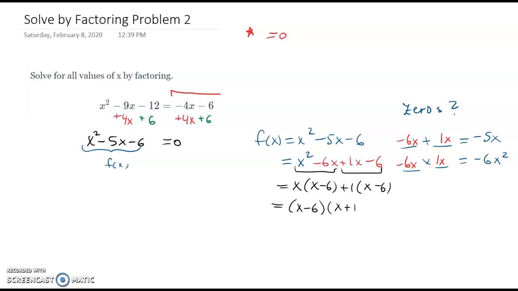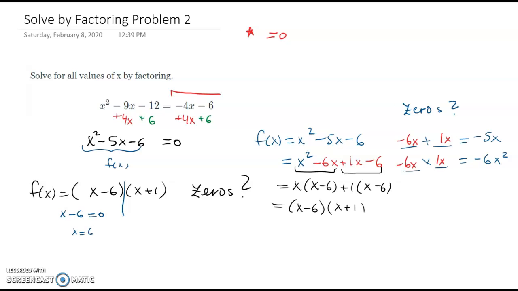So this is my function in factored form. Now I'm looking for zeros of the function f of x, x minus 6 times x plus 1. Every factor will reveal a 0 to me, because if I multiply something by 0, the answer is 0. I'm going to look at the first factor, and the x value that would make it equal to 0 is 6.